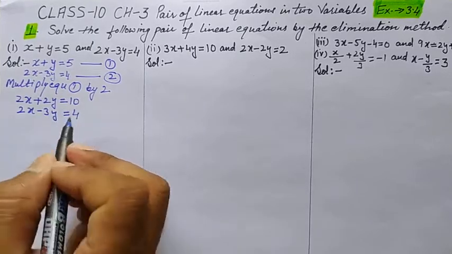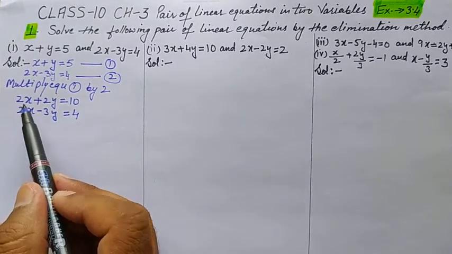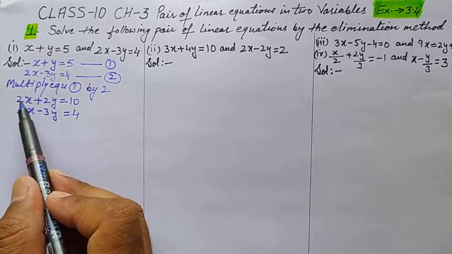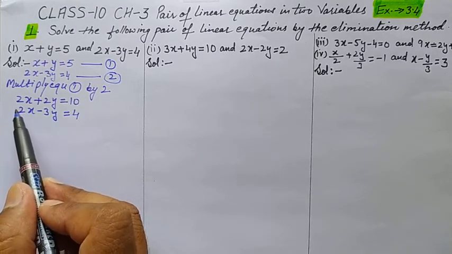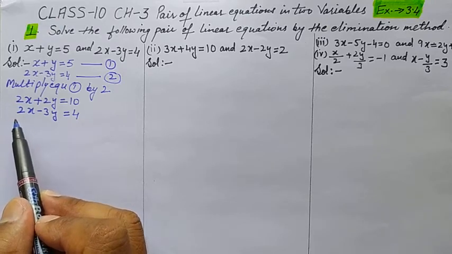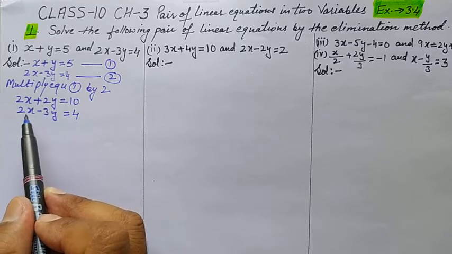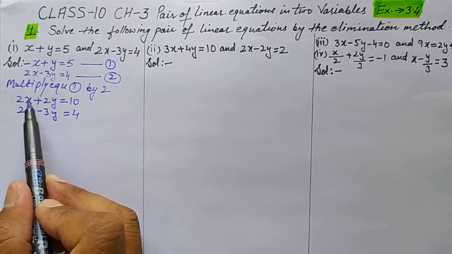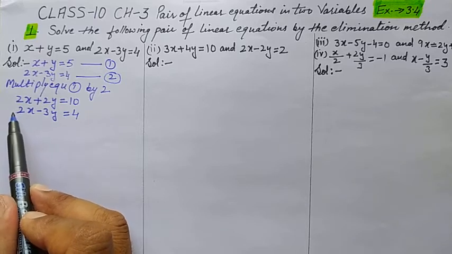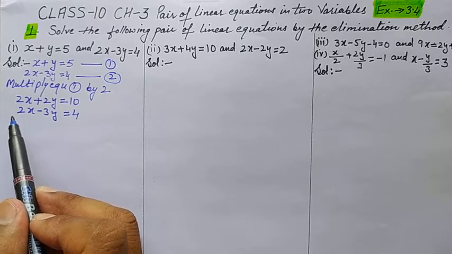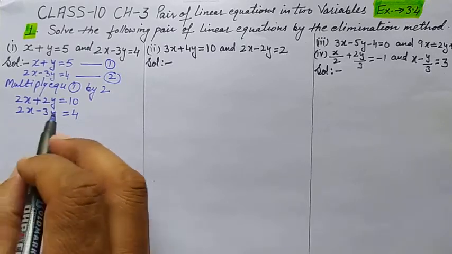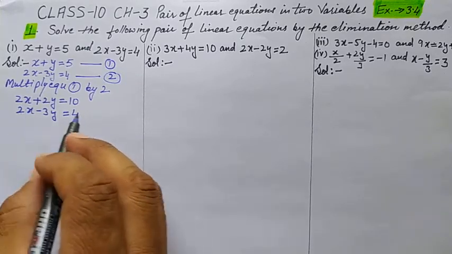Now here we have to see the signs of the coefficients of x. If the sign is the same, here plus 2 and here also plus 2, then we subtract the equations. If the signs of these coefficients are different, then we add the equations. You have to remember this. So here I have to subtract the equations.